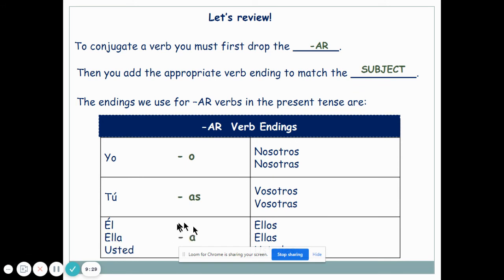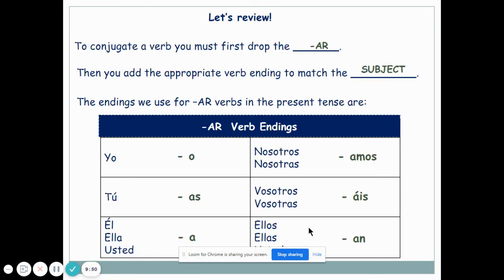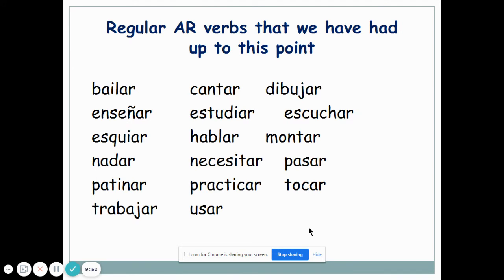Él, ella, and usted share the ending a. Nosotros, amos. Nosotros and nosotras share the ending amos. Vosotros and vosotras share the ending áis. And ellos, ellas, and ustedes share the ending an.